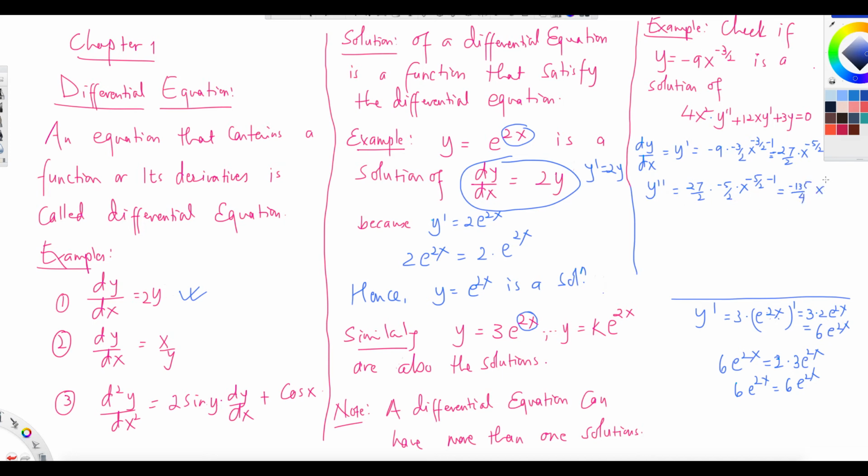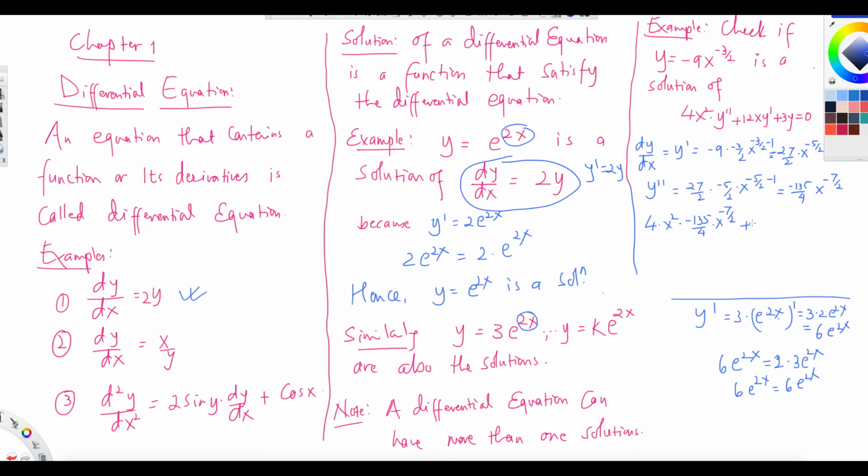x to the -7/2. Now what we want to do is plug in these values here and then check whether the left side and the right side match or not. So let us plug that in. You have 4 times x squared times -135 over 4 times x to the -7/2, right?